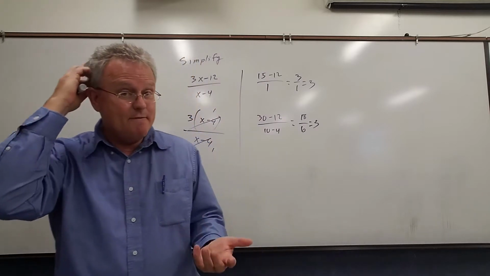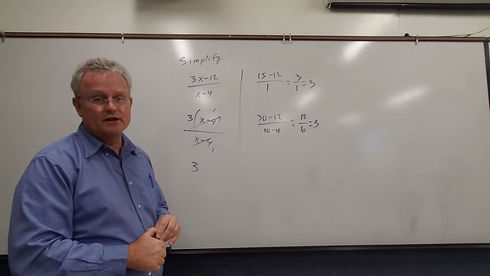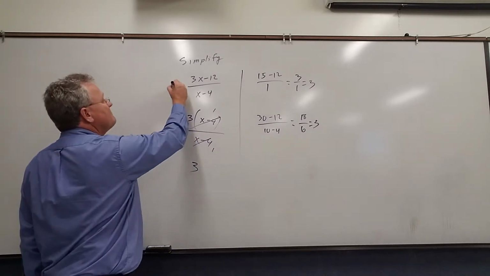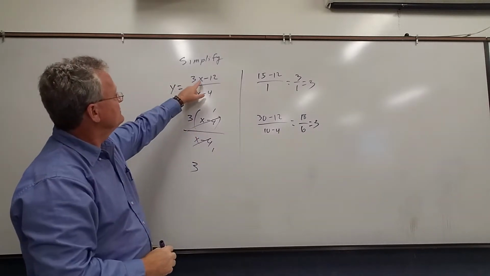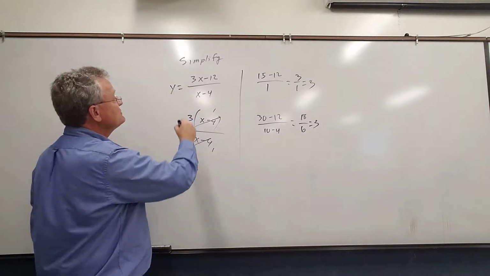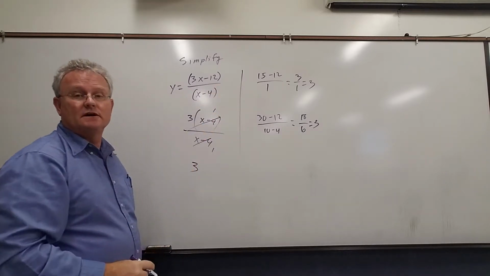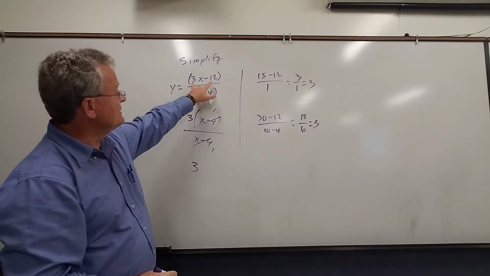Now, to get an even better understanding, if you get out your graphing calculator and you were to type in y equals 3x minus 12 over x minus 4, you've got to make sure you use parentheses around these when you type it in.